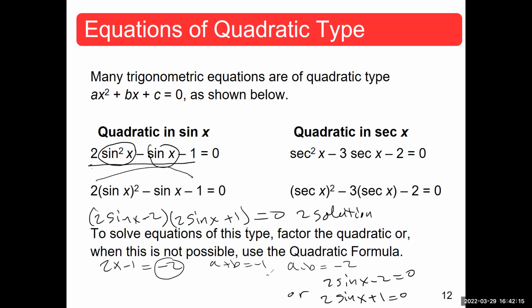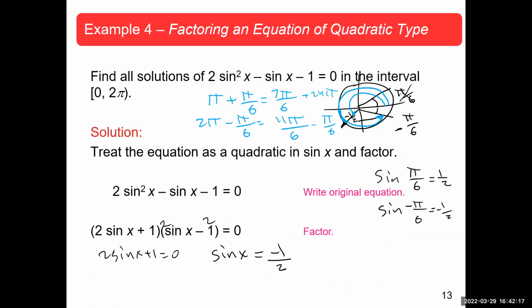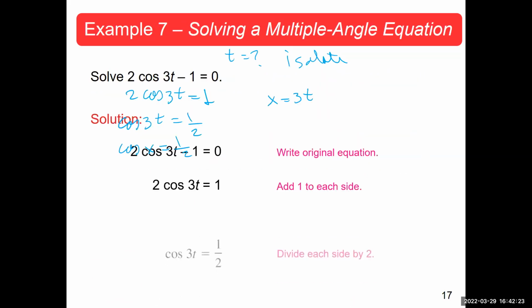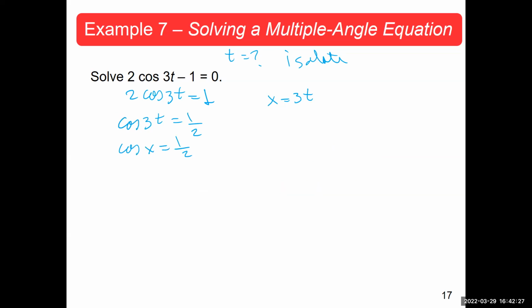Oh, that's from the previous section. I got lost. Yeah, it's not in this section. Okay. Remember, cosine of pi over 3 is half.